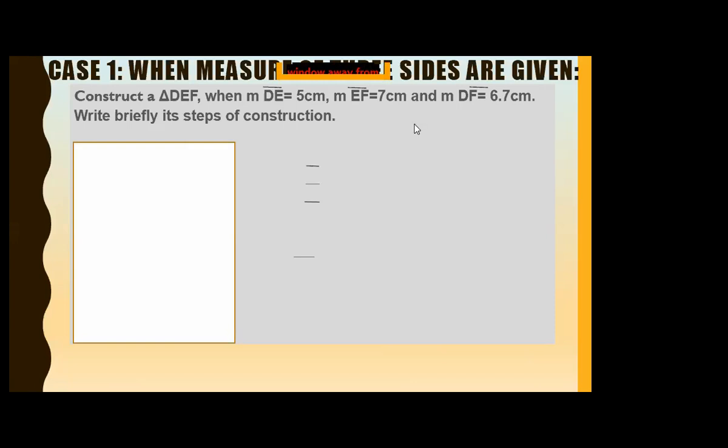Rough diagram. Be quick, please. Okay, Ramla, what we have to do? Diagram. Miss, we have to make a rough diagram. Very good. Thank you so much. We have to make a rough diagram. Very good. So here first we have to check whether it is possible to make a triangle DEF.